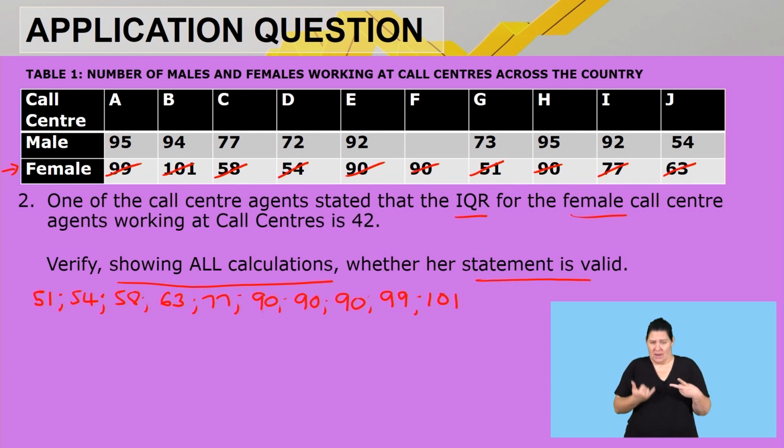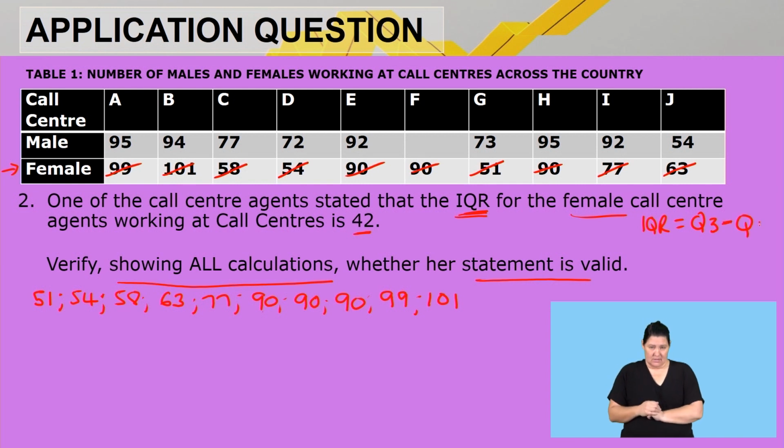Step number 2, now I'm going to find my quartiles. Remember, and I'm going to write this down here. The question itself says that the IQR is 42. We need to see whether that's true. So I'm going to write here, IQR equals Q3 minus Q1. Now my question is, do I need quartile 2, my median?